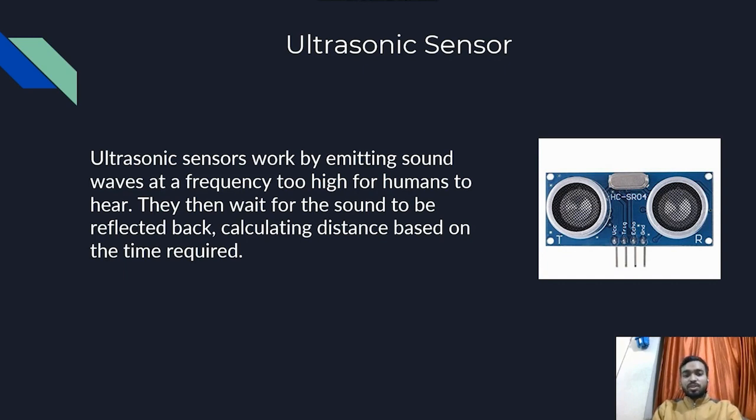An ultrasonic sensor is a sensor which works by emitting sound waves at a frequency too high for humans to hear, that is ultrasonic frequency. They then wait for the sound to be reflected back, calculating distance based on the time required. For example, we know the speed of sound in water v, and we know that s is equal to v into t, that is distance is equal to speed into time, considering v to be constant.